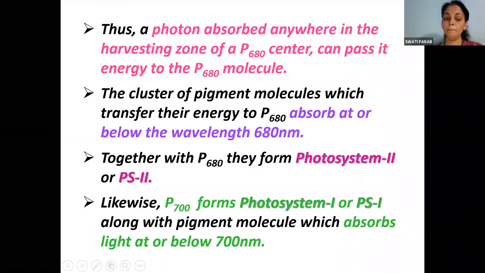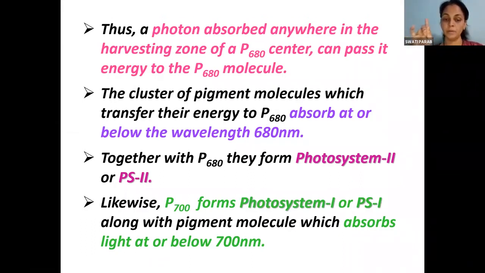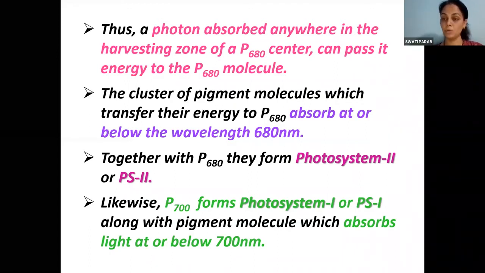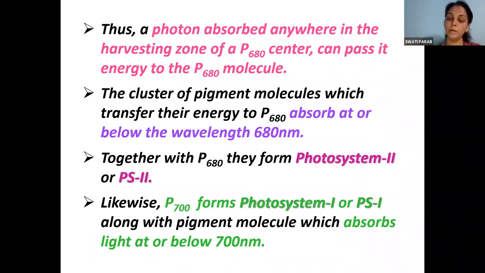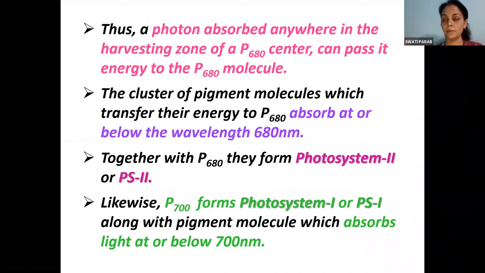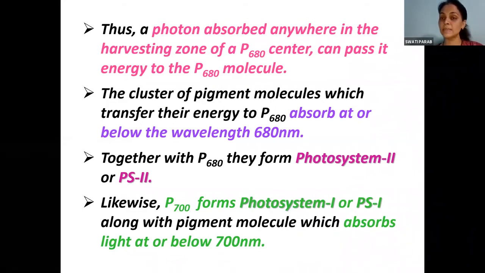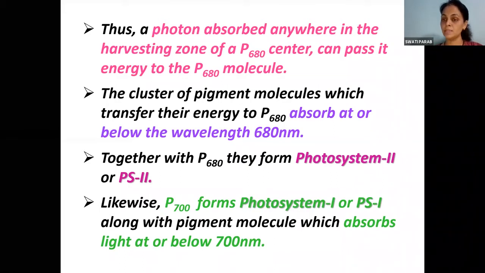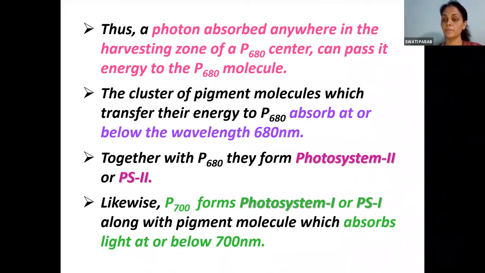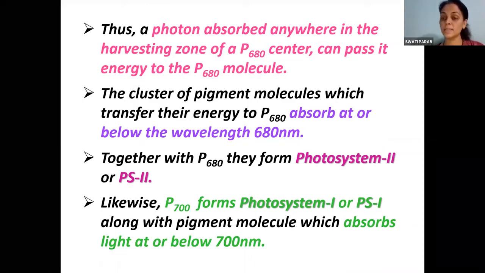Then on the PS1 side, as the first point, write: it has P700 as reaction center.